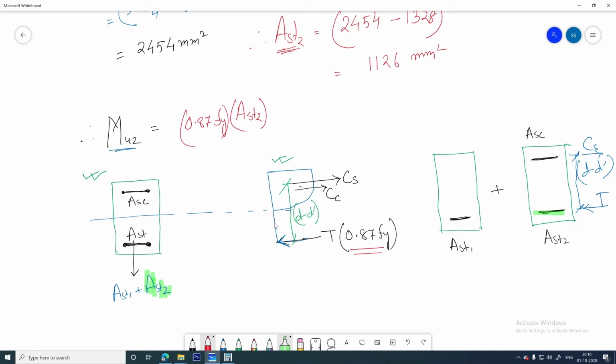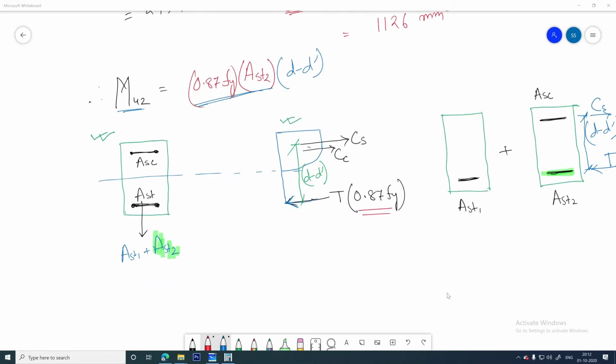At this particular level it is AST2, and multiplied with the lever arm, because we got the force over here, and the lever arm is D minus D dash. So this is the value of the MU2. Okay, MU2 can be determined in this way.